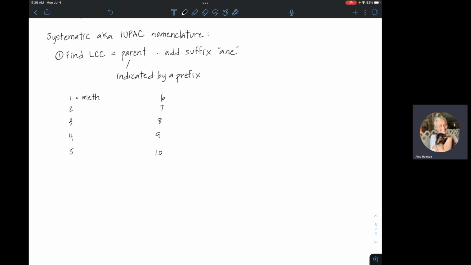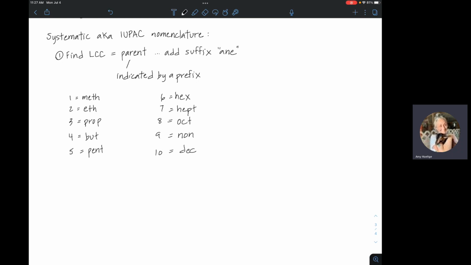If you had an alkane with 1 single carbon, we would call it methane. 2 carbons is eth. 3 is prop. 4 is but. 5 is pent. 6 is hex. 7 is hept. 8 is oct. 9 is non, and 10 is dec.